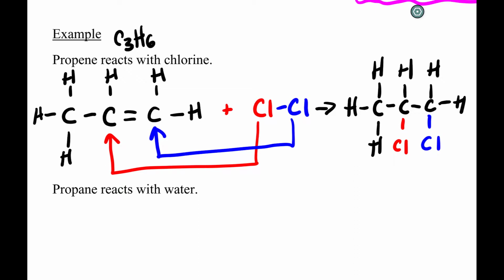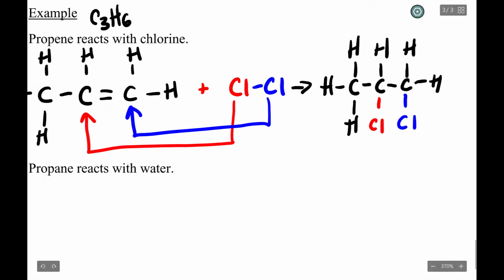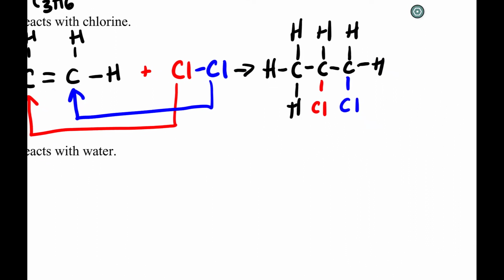This is a two-dimensional piece of paper. This is not what it looks like. Each of these carbons has a tetrahedral shape around it. The atoms can rotate around this single bond. It really doesn't matter where I put the chlorines, other than this chlorine could either be here or here. This chlorine could be here, here, or here. It does not matter. When you name it, it's the same thing no matter what.